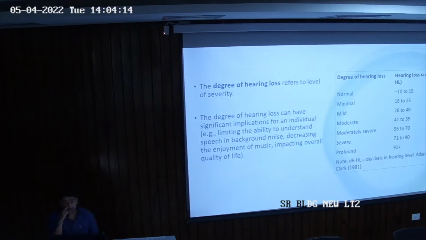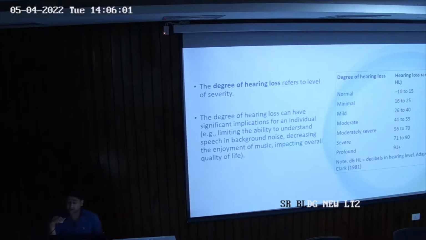The degree of hearing loss refers to the level of severity of hearing loss. Whenever we say this degree of hearing loss is there, we mean normal, minimal, mild, moderate and so on. If we see the table of the degree of hearing loss, a person with normal hearing has a loss in the range of -10 to 15 decibel.